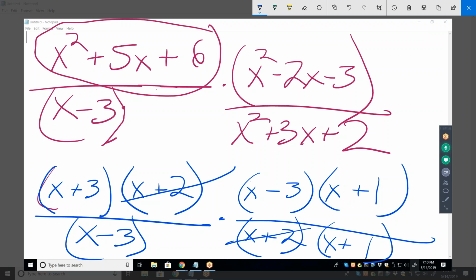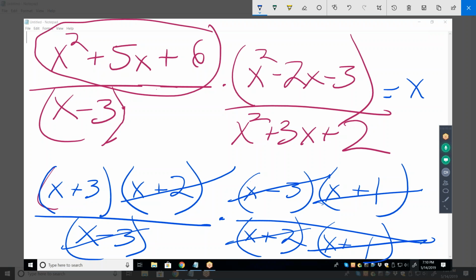I don't write it, but it's presumed. What else can I cancel? X minus 3, and then the x plus 1's. No? Okay, well, it's x minus 3 and x minus 3. Yeah, and then the x plus 1's. So what am I left with? X plus 3. That's it. There's your answer.